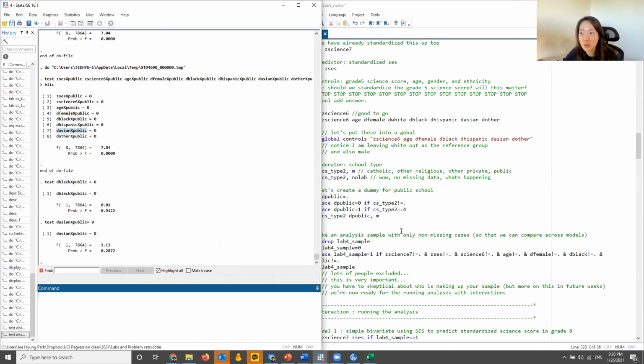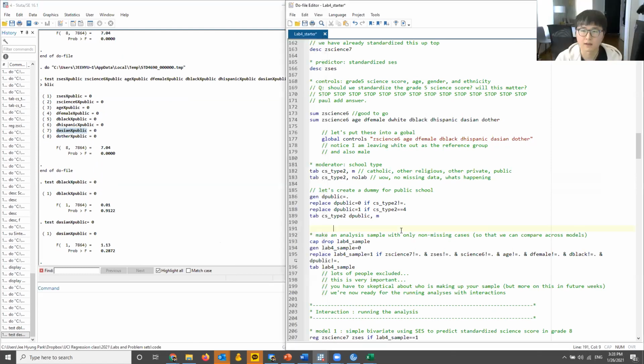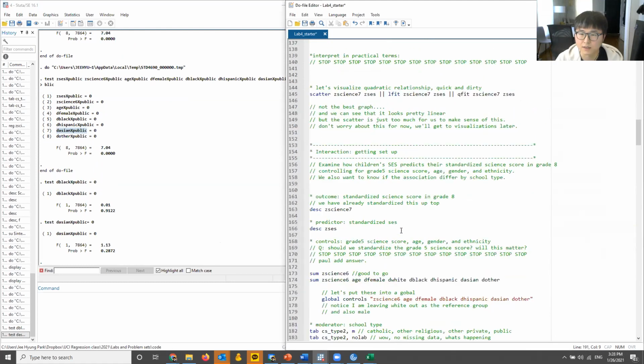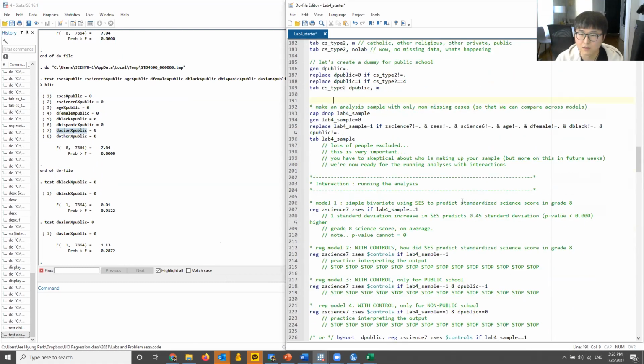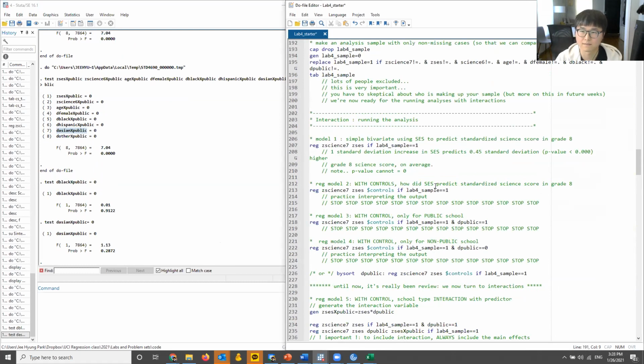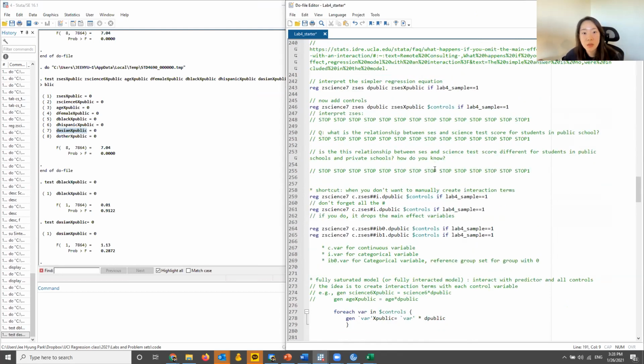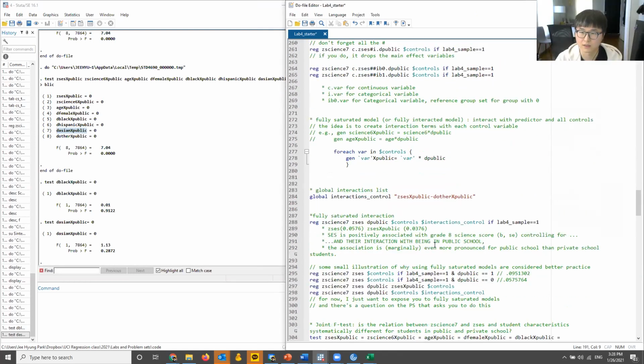It's kind of minor, but in the regression we did before, with the interaction control variables and without them... If you could, let me find the thing. Oh, here. Okay, the fully saturated models. Oh, yeah. Here.